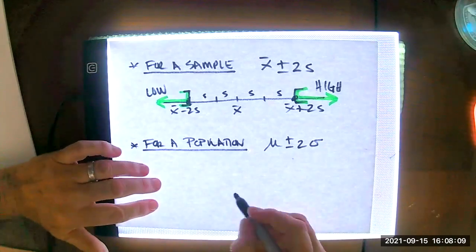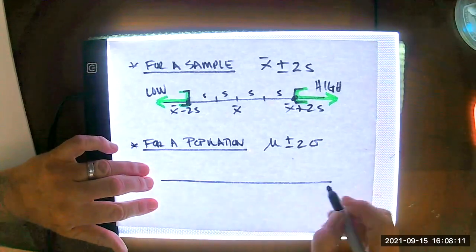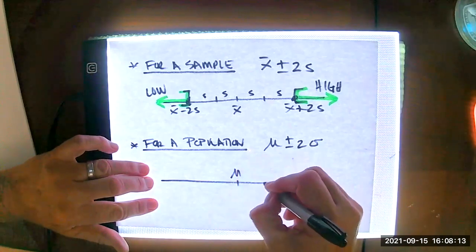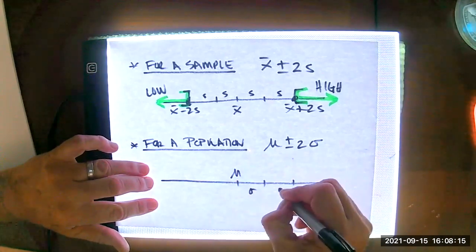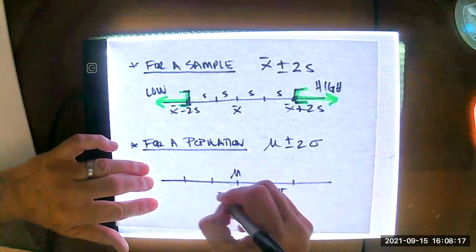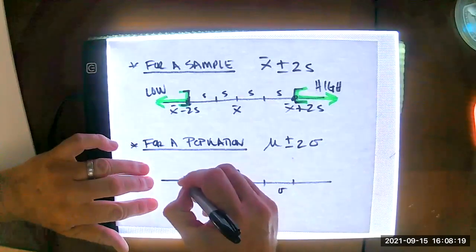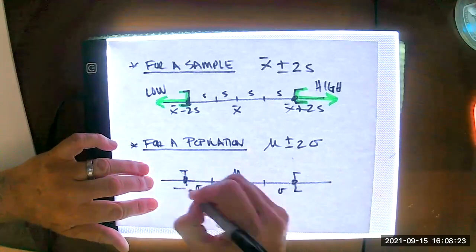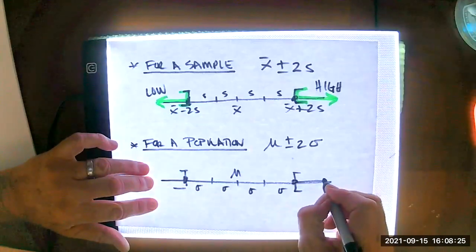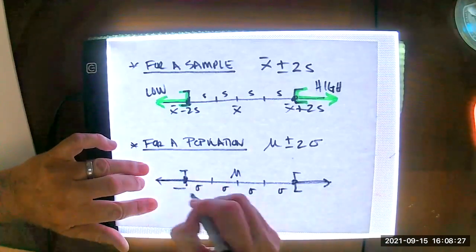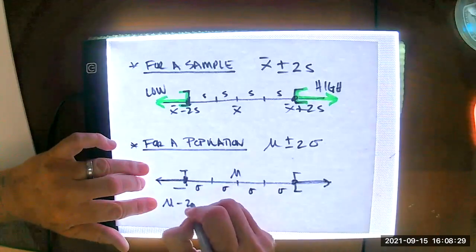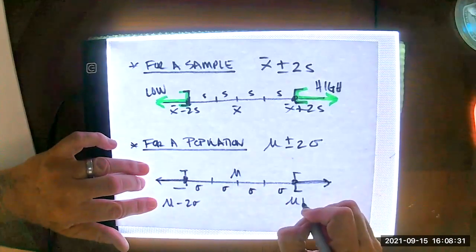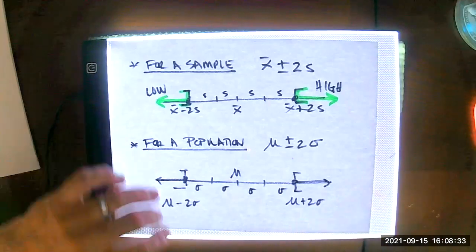And we have the same sort of picture. I'll even draw it again. We have mu in the middle, 1, 2 up, 1, 2 down, endpoints there, defines intervals, mu minus 2 sigma and mu plus 2 sigma.